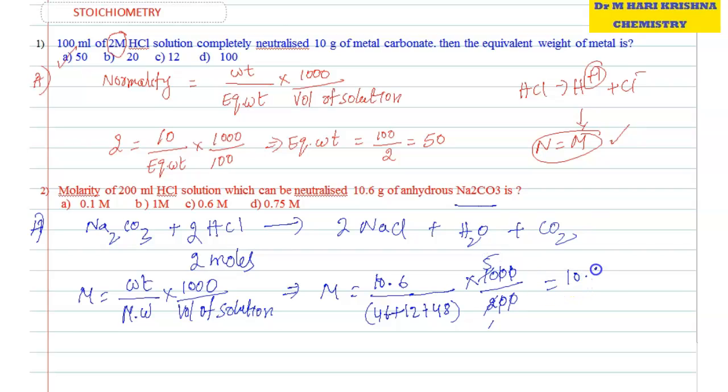So here 10.6 by 106 into 5. So almost we can get 0.5.